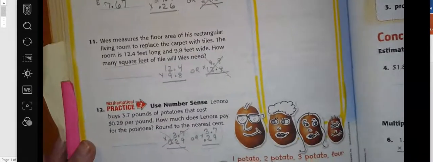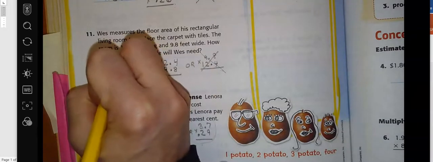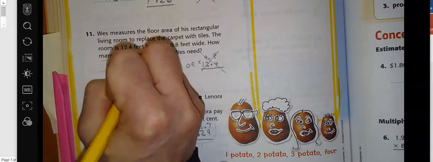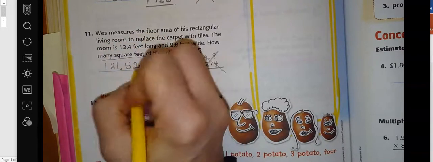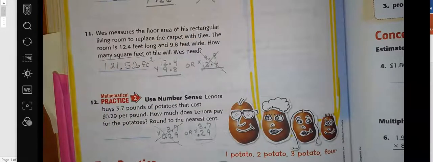Number 11, we did 12 and 4/10, and we took that 9 and 8/10 of a time, and I'm putting it into the calculator to make sure. 121 and 52/100 square feet, so we need feet squared.